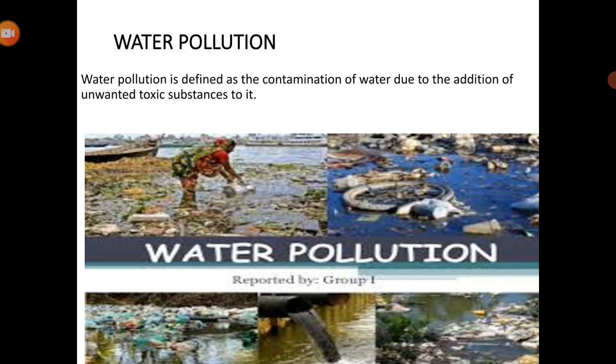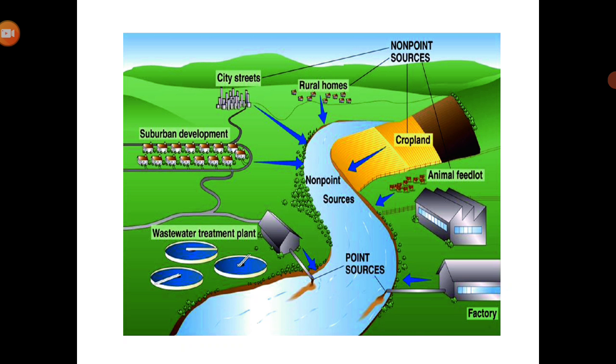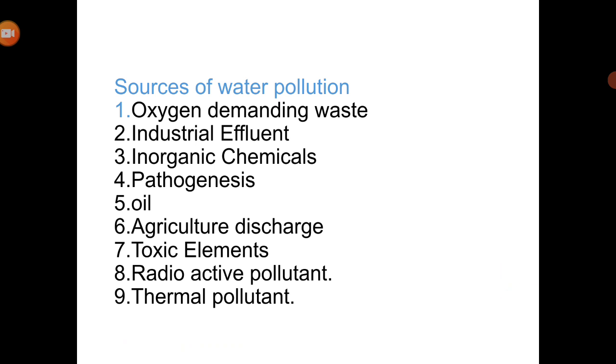So what are the main sources of water pollution? We know that they are oxygen demanding waste, industrial effluents, inorganic chemicals, pathogens, oil, agricultural discharge, toxic elements, radioactive pollutants, and thermal pollutants. So these are the main sources of water pollution.